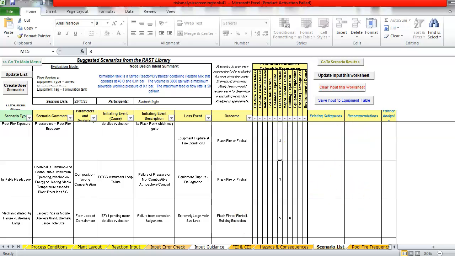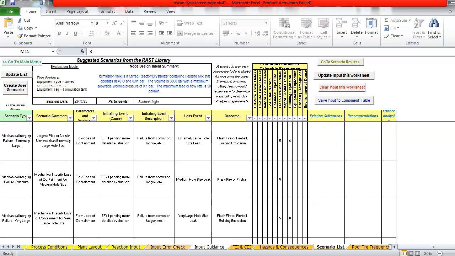Similarly, you can read about different probable accidents, like mechanical integrity failure. This can also take place in this kind of accident. So what is the reason for it? What is the loss event? What is the initial event? What can be the losses, like an extremely large hole size leak? What is the outcome? There are multiple outcomes that can take place, like here in this case, flash fire or fireball and building explosion.